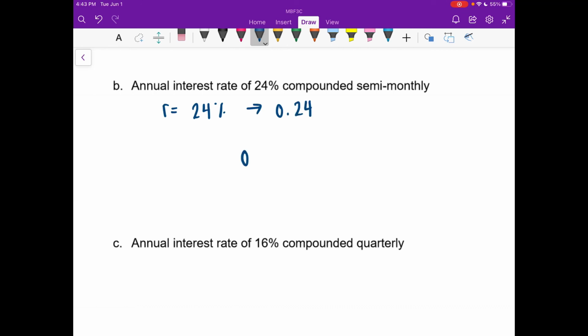And then I equals 0.24 divided by, and it says 24. So let's do that. I equals 0.01. So my interest rate in this situation is 0.01 per semi-monthly compounding period.